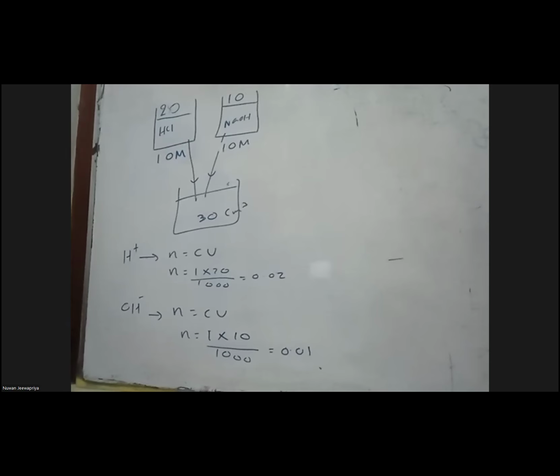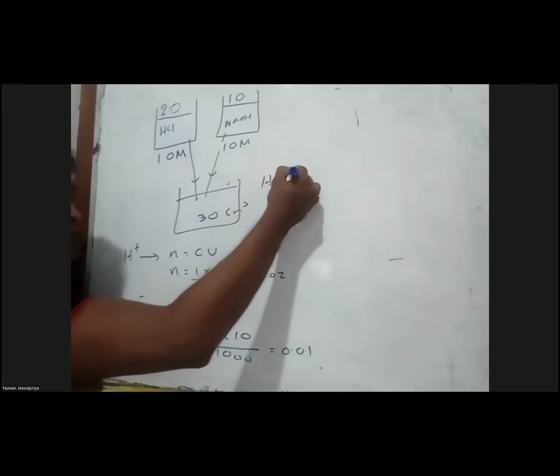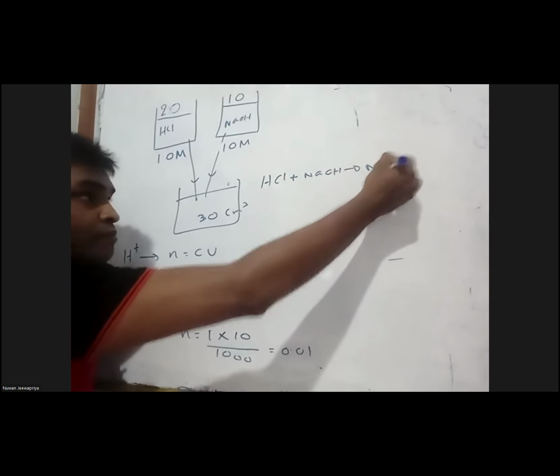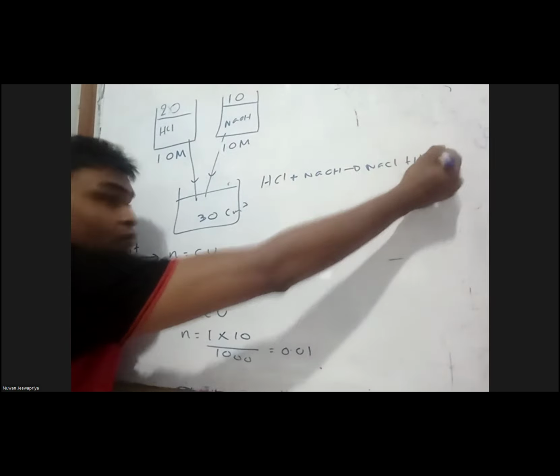Now sodium hydroxide and HCl react in a 1:1 ratio. So HCl and sodium hydroxide react and make sodium chloride plus water.